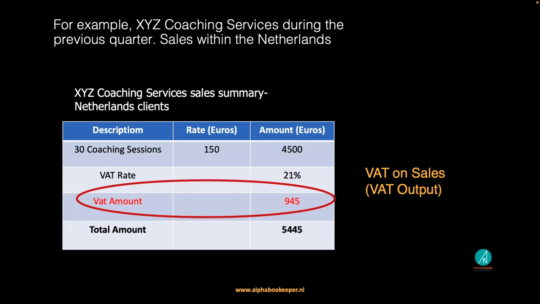So there's a total turnover of 4,500. 21% is applicable as a VAT rate. That gives us VAT amount of 945 euros. So XYZ coaching services collected 5,445 from his or her customer. But out of this amount, 945 is for the tax authority as VAT.